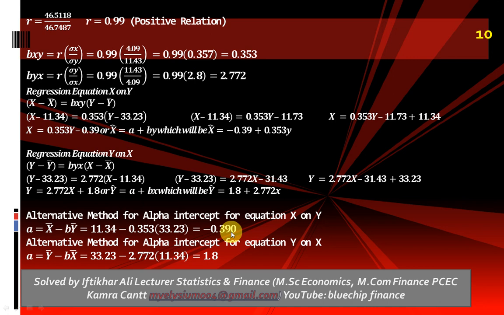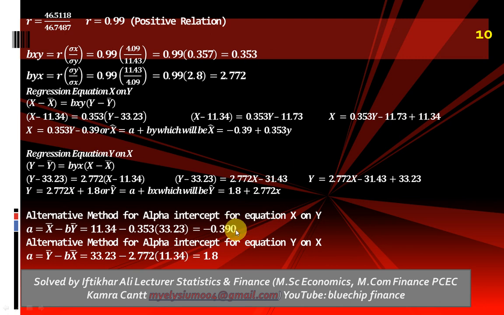If we calculate through this method, we have two values: one is the intercept, minus 0.390, and the regression coefficient is already given here, 0.353. So alpha is minus 0.390, which we already calculated through the earlier method, and regression coefficient 0.353, which is this.